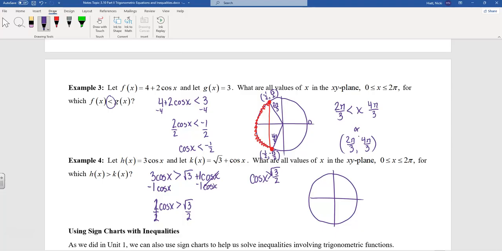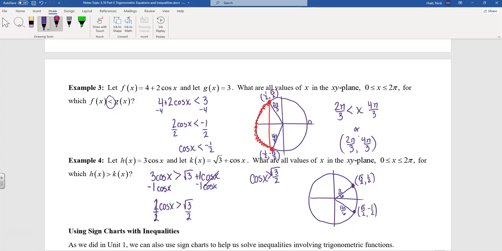Cosine x coordinates, we get right here, we got square root of 3 over 2, 1/2. So we're looking at this point. That is at pi over 6. And then also, right here, at 11 pi over 6, I will get positive square root of 3 over 2, negative 1/2.